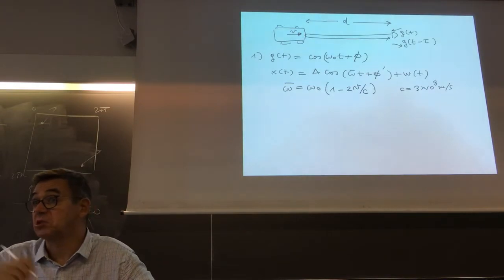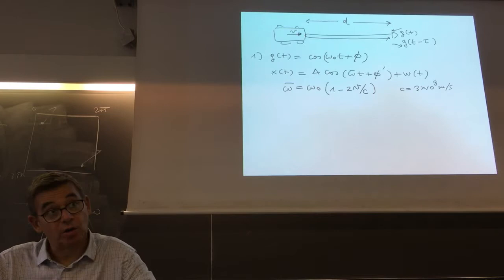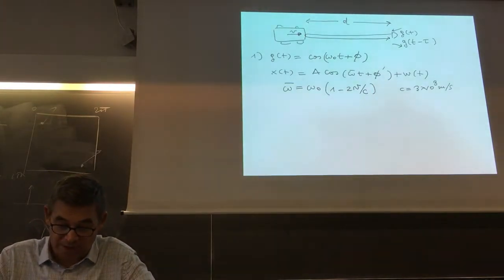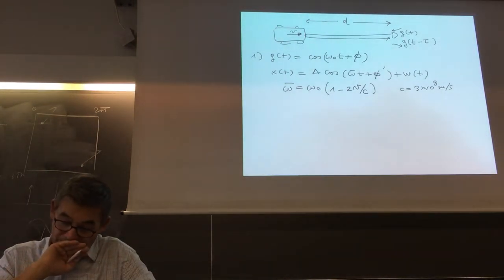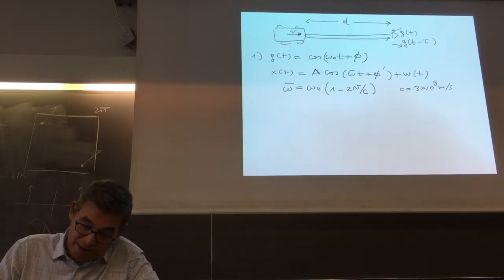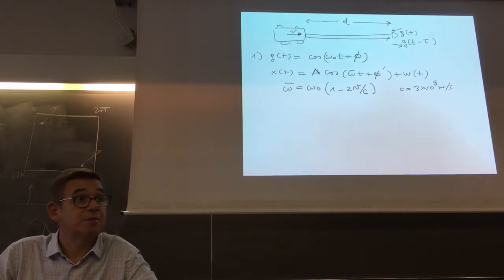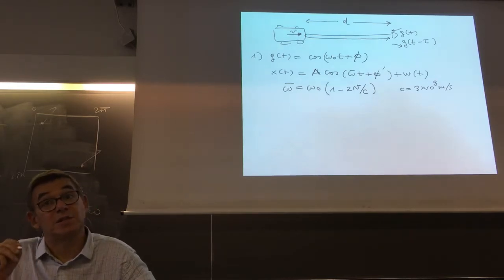Whatever it is. Now, my goal, and everything depends on omega 0. So everything is related to omega 0. So that means that to estimate the speed, I need to estimate the frequency. Actually, to estimate the speed, I need to estimate the frequency shift.